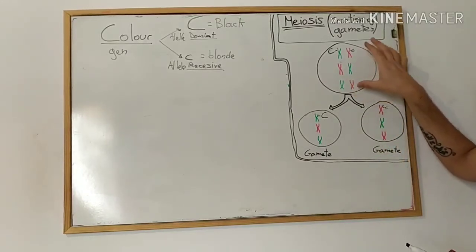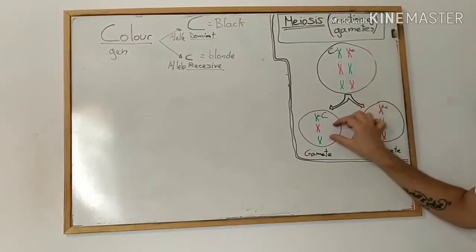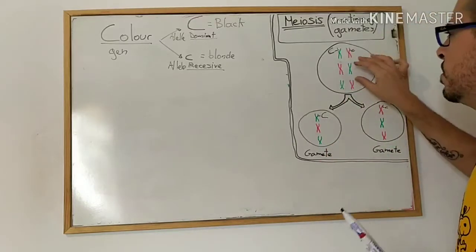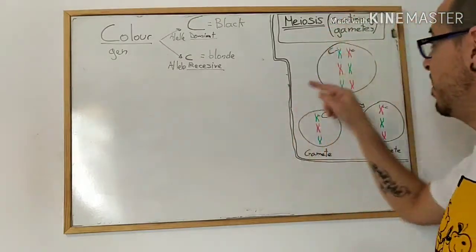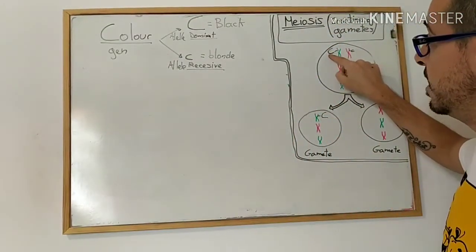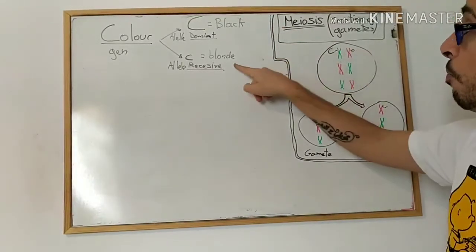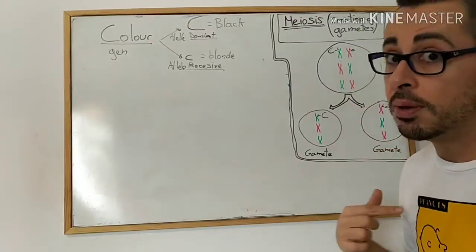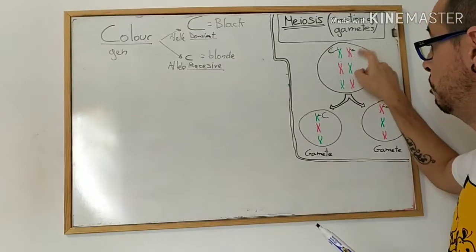So imagine that this is the original cell of the person, and it's going to produce a spermatozoon. Imagine it's me. This is one of my cells, and I have black hair because I have the dominant allele for black and the recessive for blonde. But when black and blonde are here, I'm going to be black because this one is more powerful than this one.